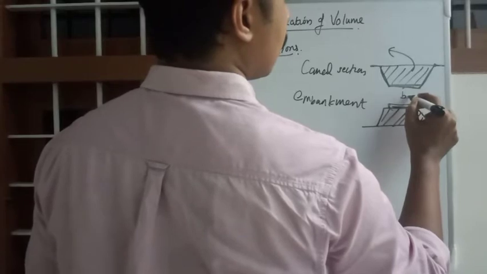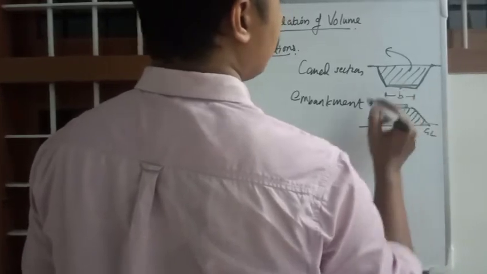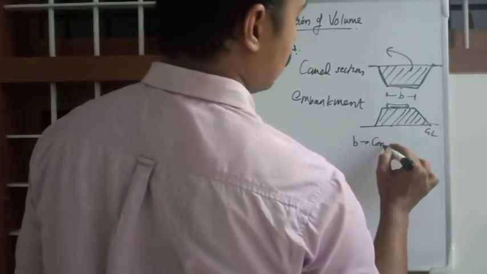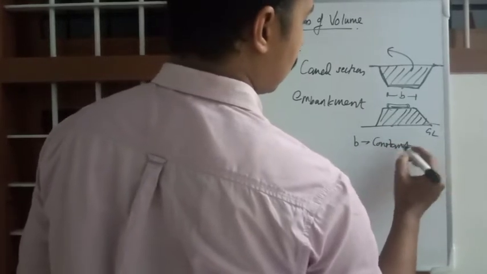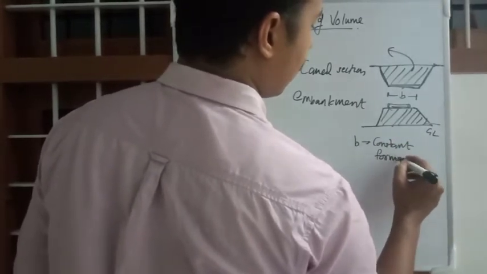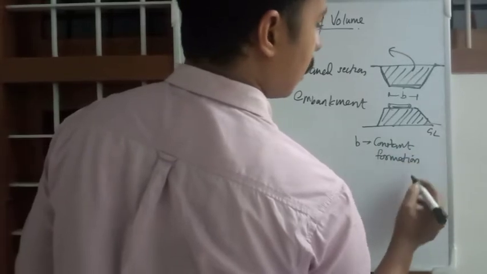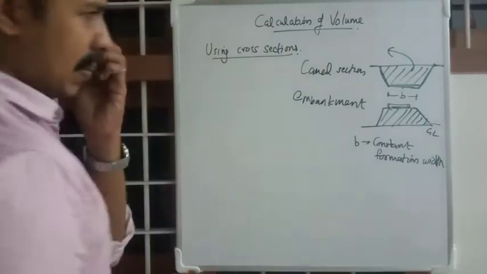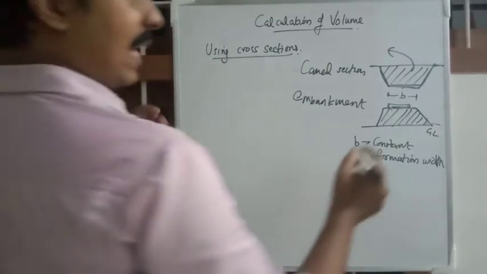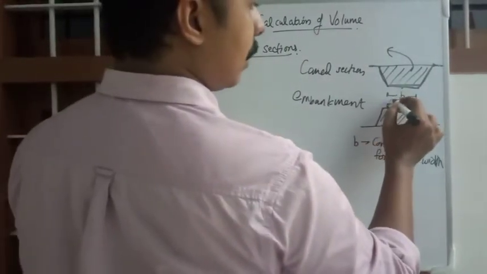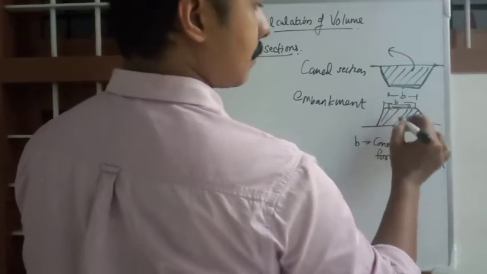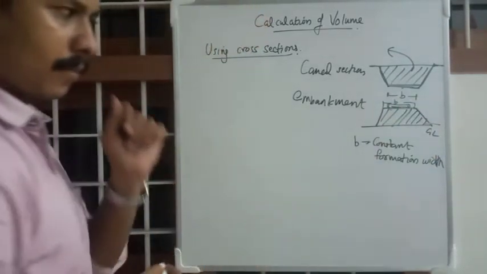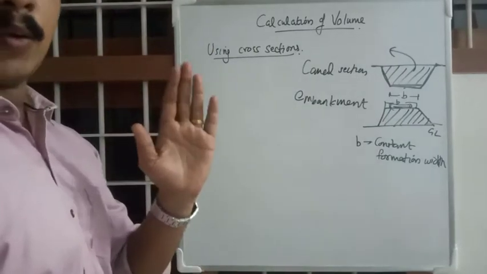This is called B. B is called constant formation width. Here also, same thing at the top, and here at the bottom, constant formation width.